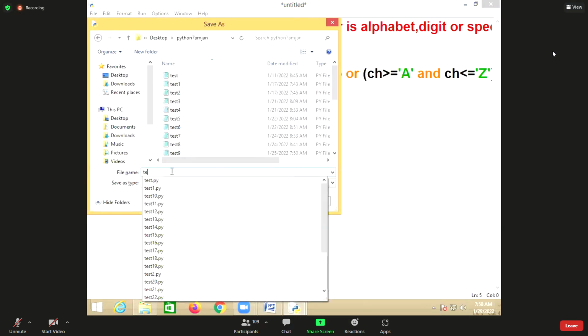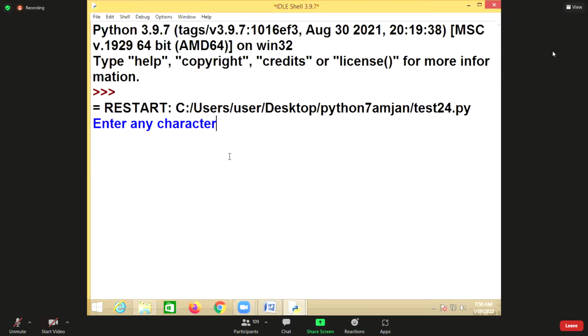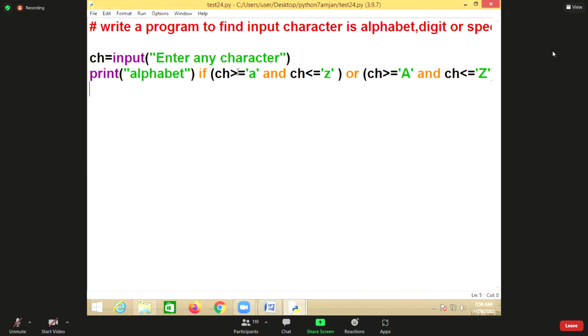So I try to run this code. Now, once you run this code, you can see enter any character. So I try to input A. What is the ASCII value equivalent of A? 65. So is 65 greater than 97? No. This condition is false.